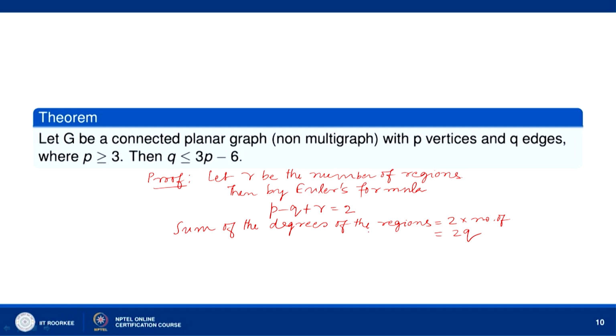Sum of the degrees of the regions is equal to twice the number of edges. So, we get the sum of the degrees of the regions equal to 2Q.